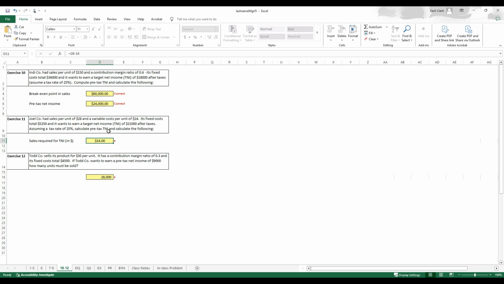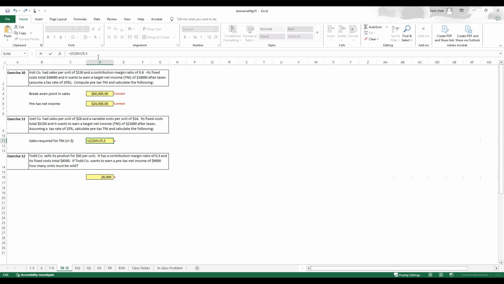Then if we take that 14 divided by 28, as a decimal or a percentage, that's going to be 50%. So we have a 50% contribution margin ratio. If we take 5,250 divided by 0.5, that tells us our break-even point would be $10,500.